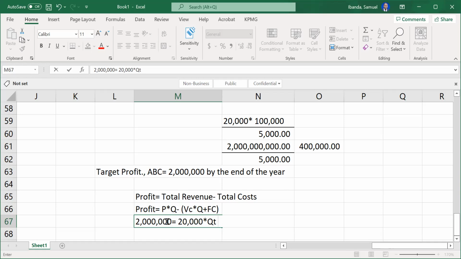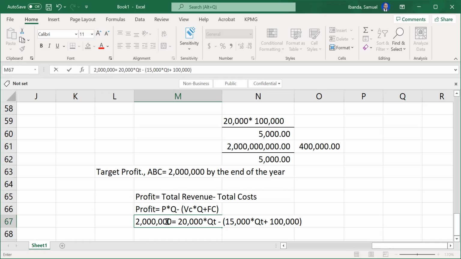This is minus variable cost per unit, we said is 15,000, times the quantity that I'm looking for. And it's the same quantity at target profit, plus my fixed cost, which is 100,000. So I've just tried to substitute the information that we have there. And I remain with my QT to be the unknown.